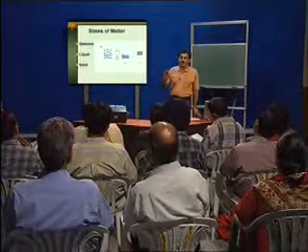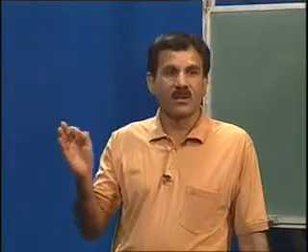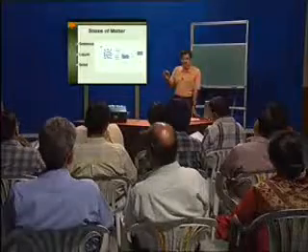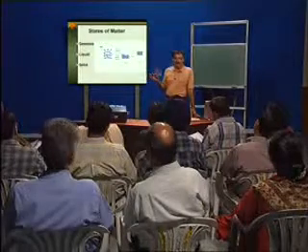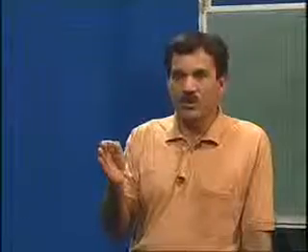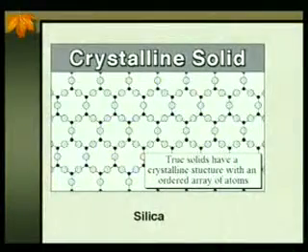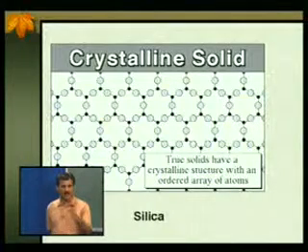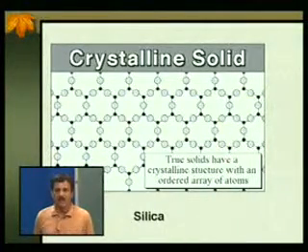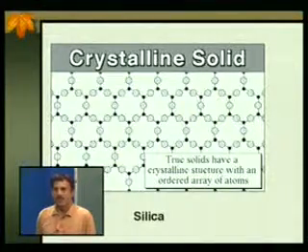If cooling is very slow, the particles, or you can say the constituents of the substance, get enough time to reorganize, they arrange in a particular pattern, and we get crystalline solids. But if cooling is very fast, the particles don't get enough time to rearrange themselves, and we get amorphous solids. This picture shows the particles arranged in a particular fashion, and it is a crystalline solid, silica.